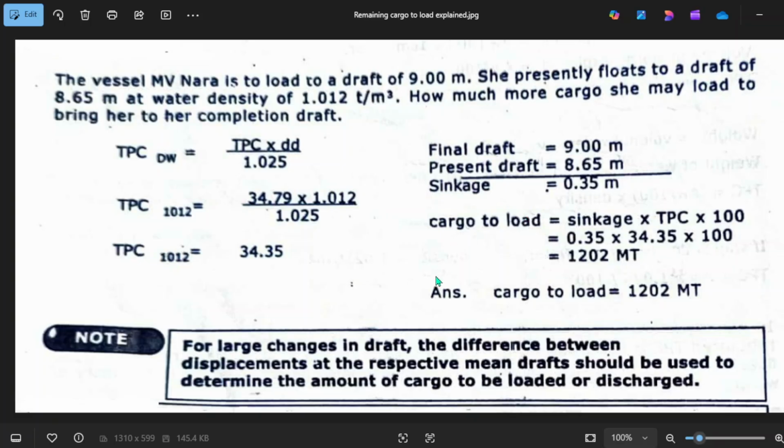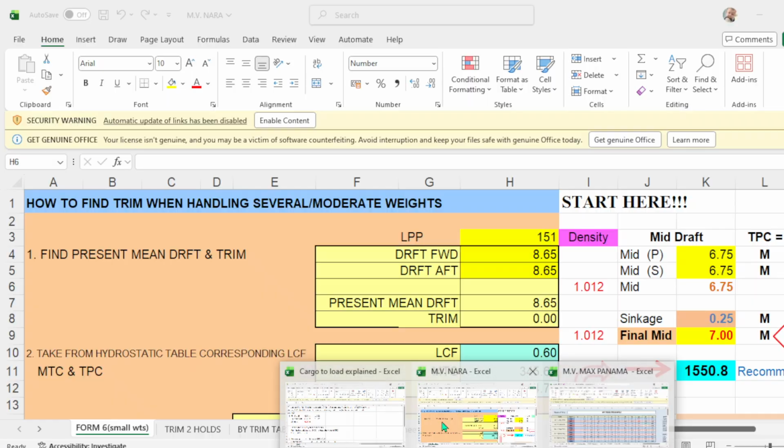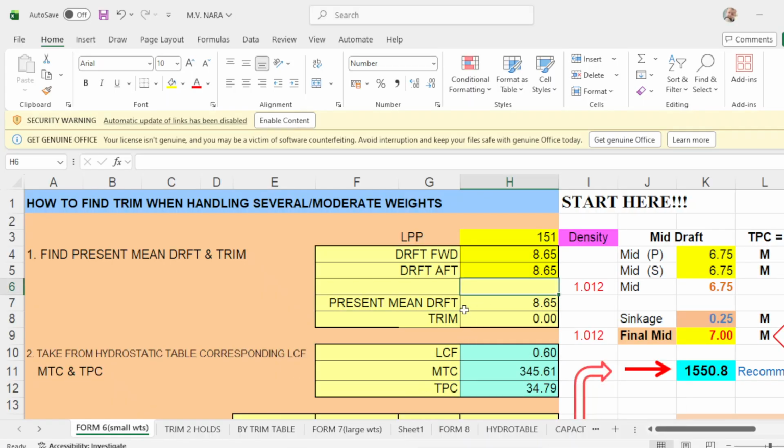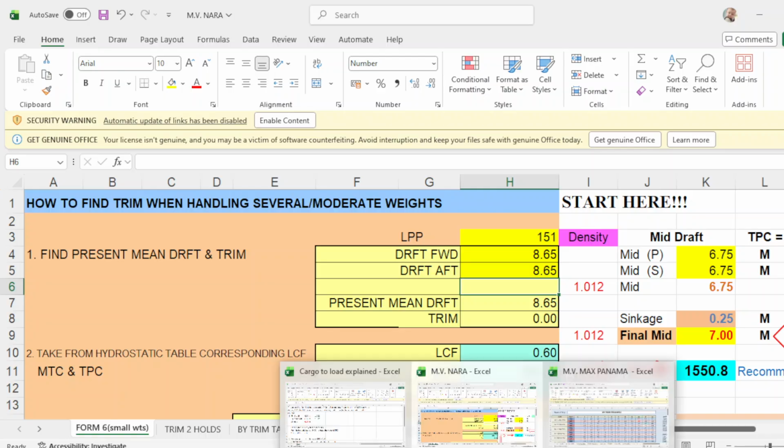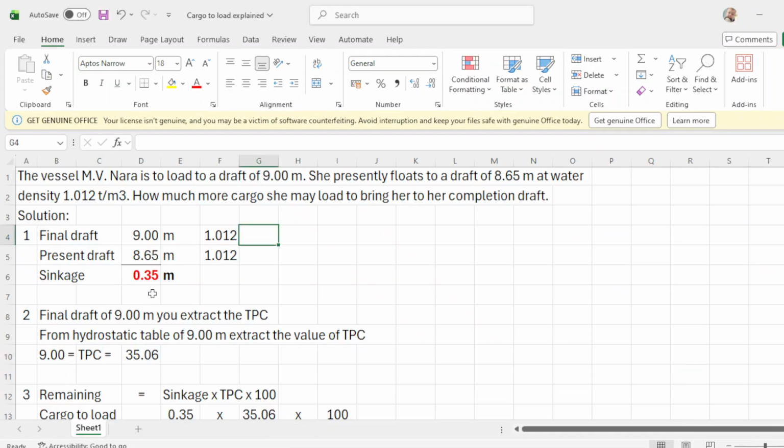So let's start. Okay, I use the program. Now the initial, when the vessel is floating, vessel is floating in a density 1.012 at 8.65. Okay, this is where I told you.